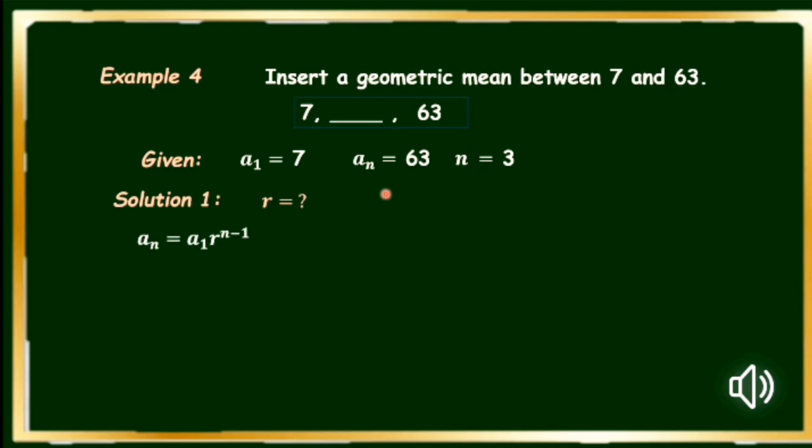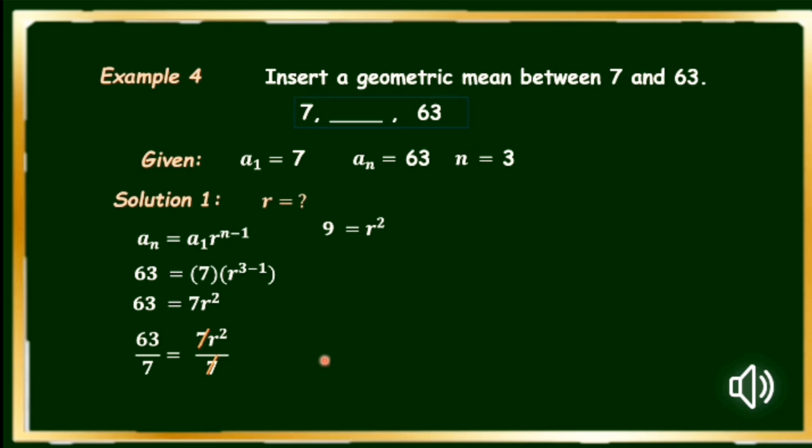In our first solution, we will look for the value of r. Just like what we did, we write a sub n equals a sub 1 times r raised to n minus 1. Or 63 is equal to a sub 1, 7, times r raised to 3 minus 1. Or 63 equals 7 r squared. Divide both sides by 7. Cancel 7. 63 divided by 7 is 9. 9 equals r squared. Now we get the square root.